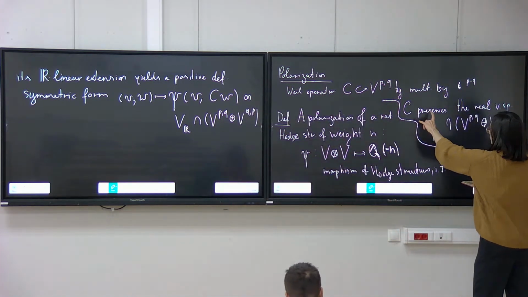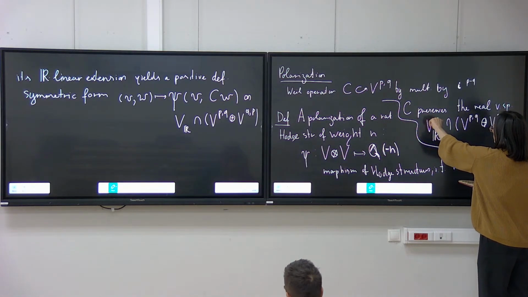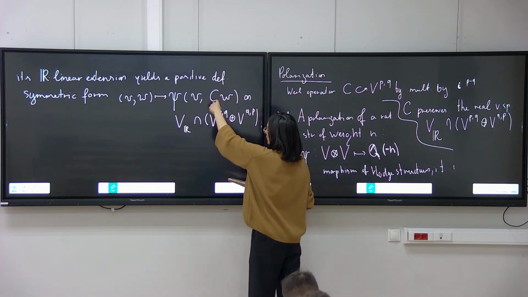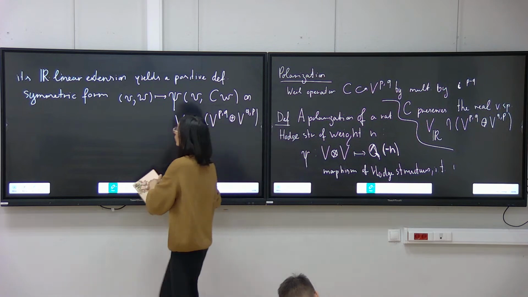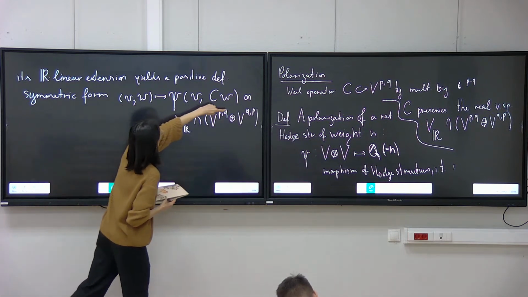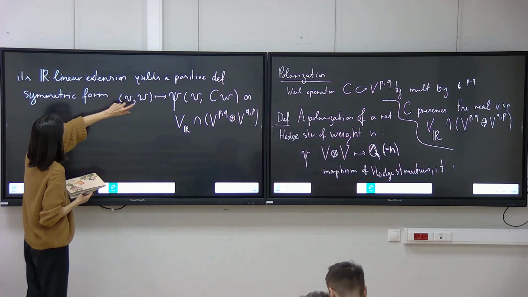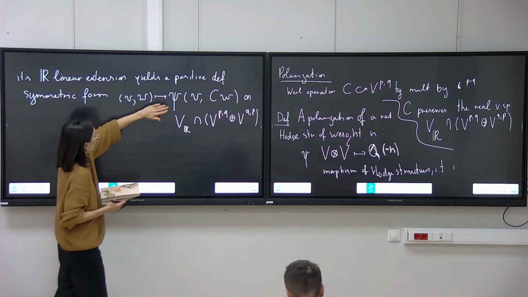As I said, the Weil operator preserves this thing. So this is something that lives in this real subspace, and we ask this form to be a positive definite symmetric form.